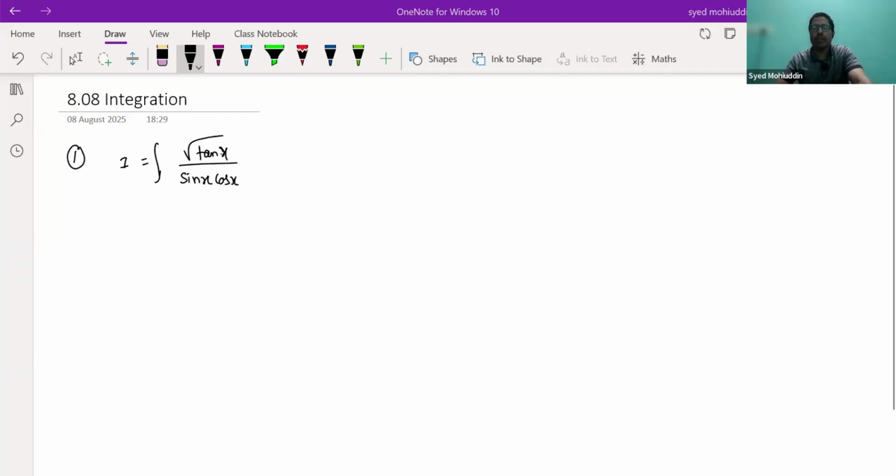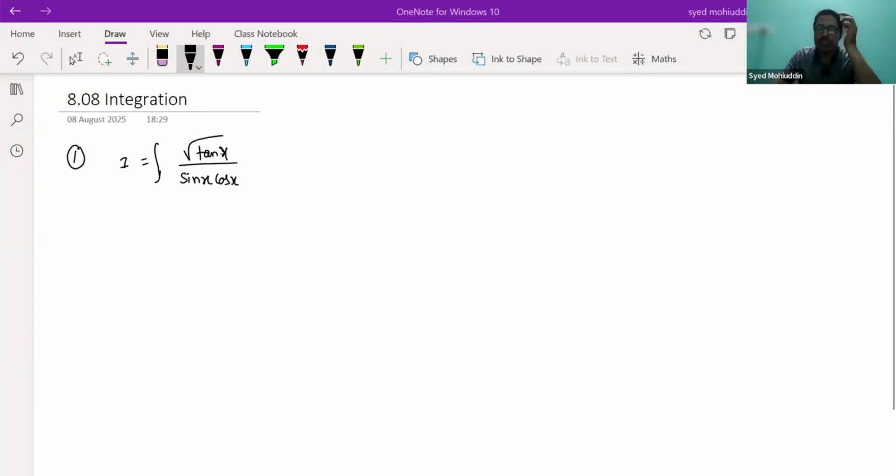Now, if you observe, in the numerator you have tan under a square root. The question is, can you make the denominator also in terms of tan so that you can integrate that? That is one way of doing it, right? So let us try to see how exactly to make the denominator also in terms of tan itself.